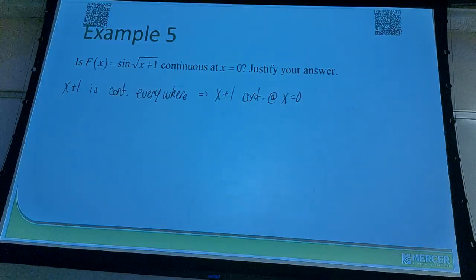In fact, square root is going to be continuous over its domain as well. So root x will be continuous for x greater than or equal to 0, right?